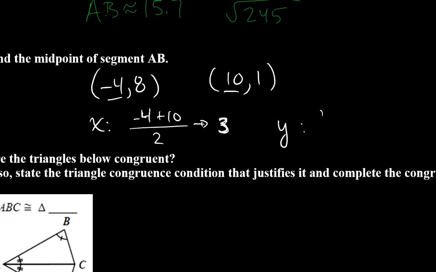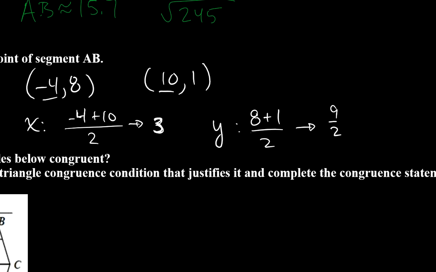For y's, I'm going to take 8 and add 1, and divide that by 2. That's going to give me 9/2, which is 4.5. So x is 3, y is 4.5, and this is the location of the midpoint.